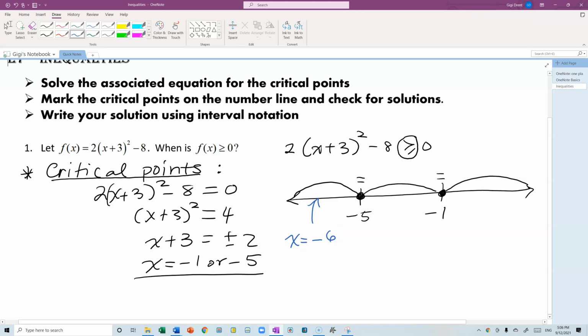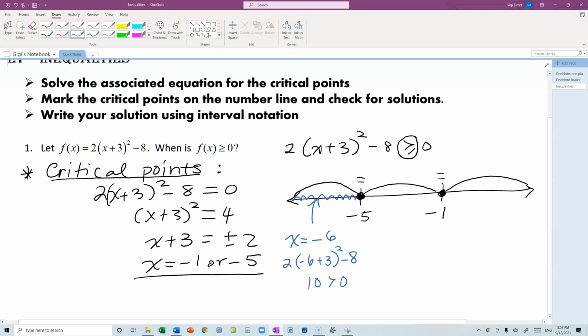So when x is negative 6, you will have 2 times (negative 6 plus 3) squared minus 8, and the question is, is it greater than or equal to 0? So negative 3 squared is 9. 9 times 2 is 18. 18 minus 8 is 10. Okay, and 10 is greater than 0. So this will work as well.